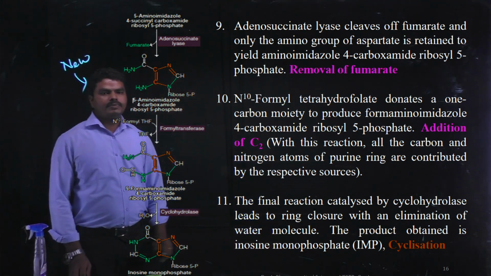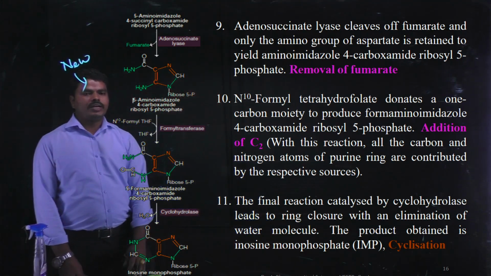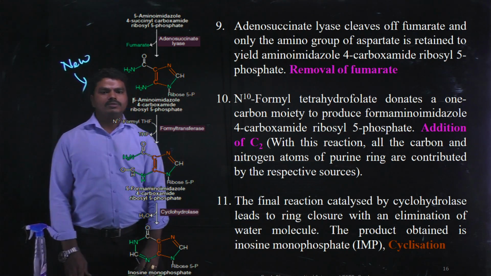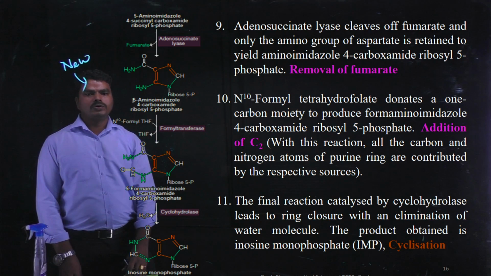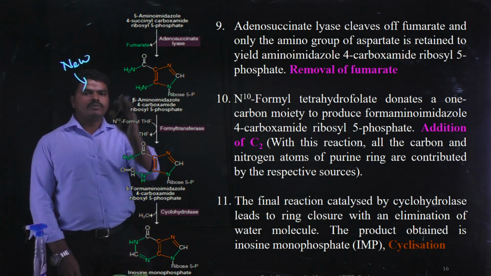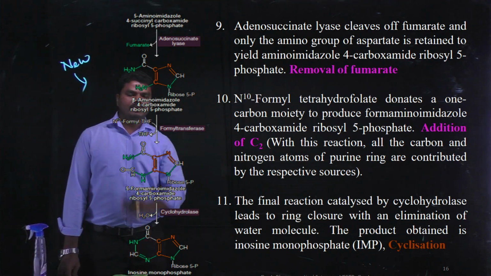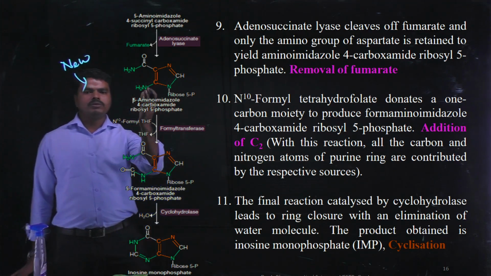In the next step, adenylosuccinate lyase is an enzyme that cleaves the 5-amino imidazole 4-succinyl carboxamide ribosyl 5-phosphate, the compound previously formed in the 8th step.